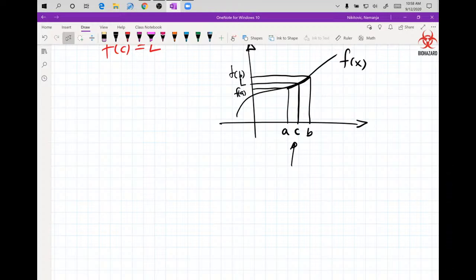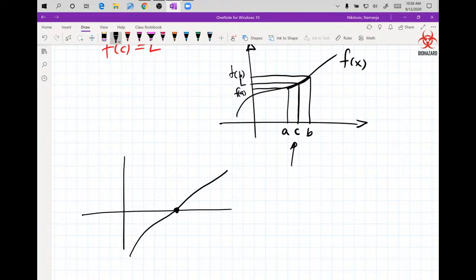So when you think about this concept, now I'm going to move this function and let it cross over here. If I have some equation, let's say, I don't know, 3x squared minus 1 equal to 0, or 3x squared equals 1, then you make it into 3x squared minus 1 equal to 0.